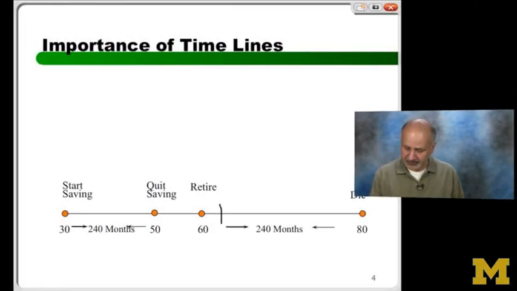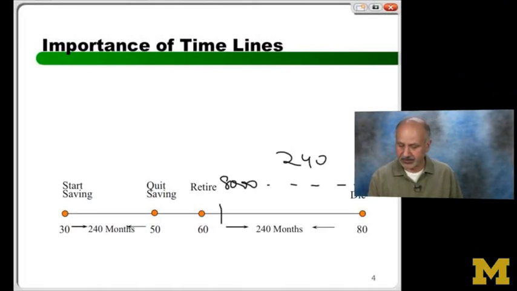So just to recap everything, let me go back one more time and show you what you've done. Basically, we have solved a problem where we started off wanting 8,000 a month, 240 times.